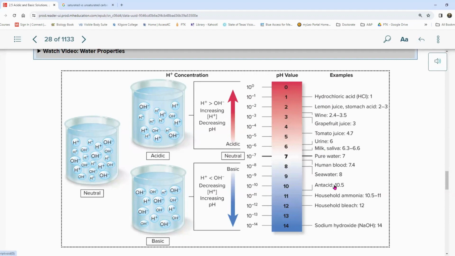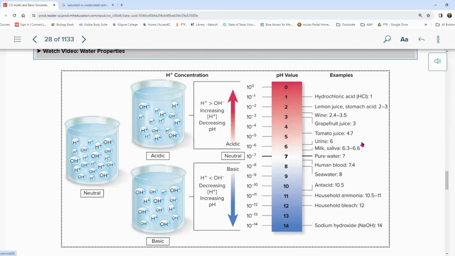That's why we give an antacid. Antacids increase the pH of our stomachs, so it makes it a little bit more basic. Bleach, like I said earlier, would be pretty basic, as well as sodium hydroxide, which is one of the most basic.